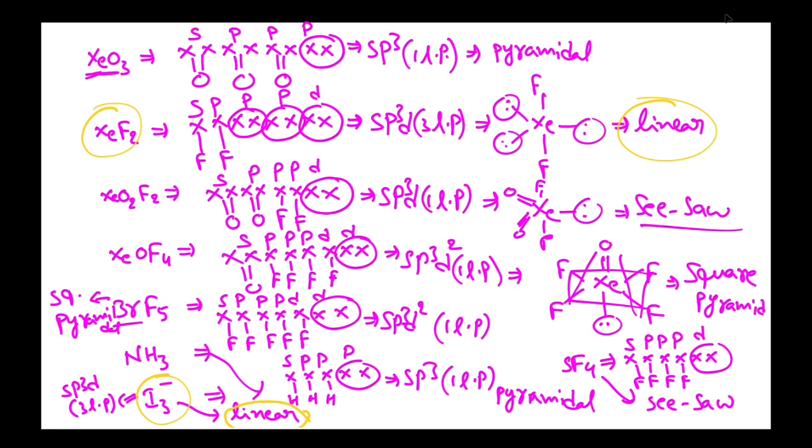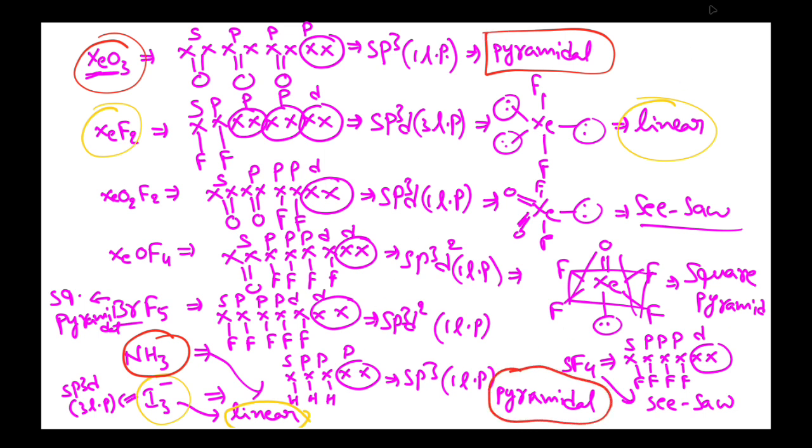So here XeF2 and I3 minus are both linear arrangements. XeO3 and NH3 are both pyramidal shape. XeOF4 and BrF5 are both square pyramidal shape.